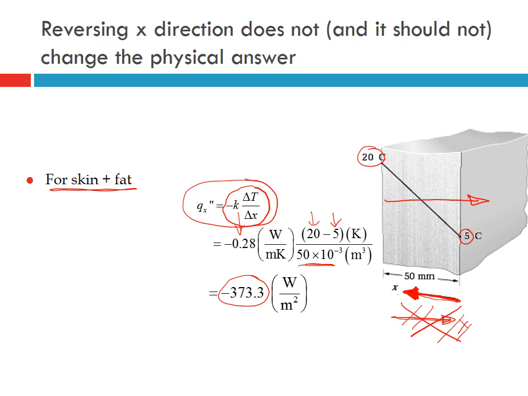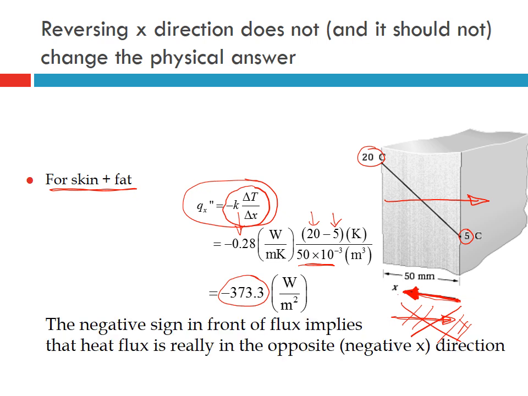If you recall the answer, or if you look at it in the text, this answer for the first time around was plus 373. We got it negative here. Does that mean we get two different answers if I choose my x direction differently, and does that change the answer to the physical problem?